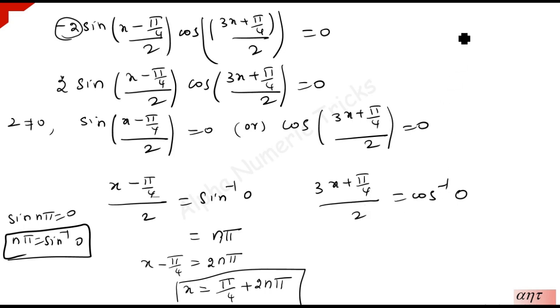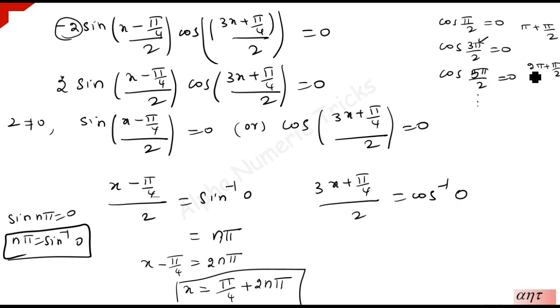This is one value for x, and using this result we have to find out the other value for x. And here we know that cos pi by 2 is equal to 0, and cos 3 pi by 2 is equal to 0, cos 5 pi by 2 is equal to 0, etc. So how will you get 3 pi by 2? Pi plus pi by 2 is 3 pi by 2, isn't it? 5 pi by 2 is 2 pi plus pi by 2, that is 2 into 2, 4 pi, 4 pi plus pi is 5 pi by 2, you get this.